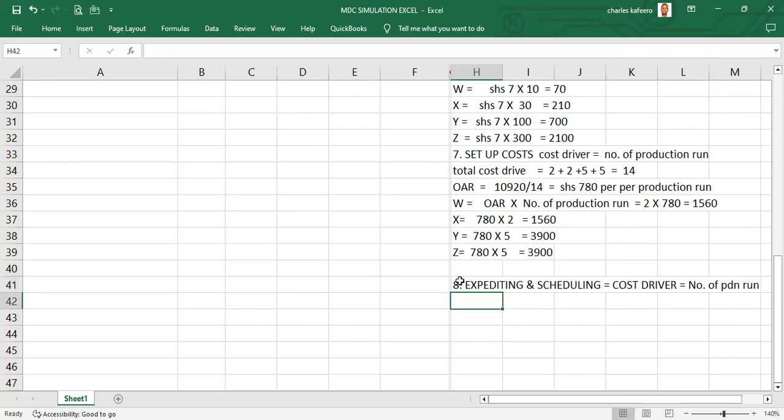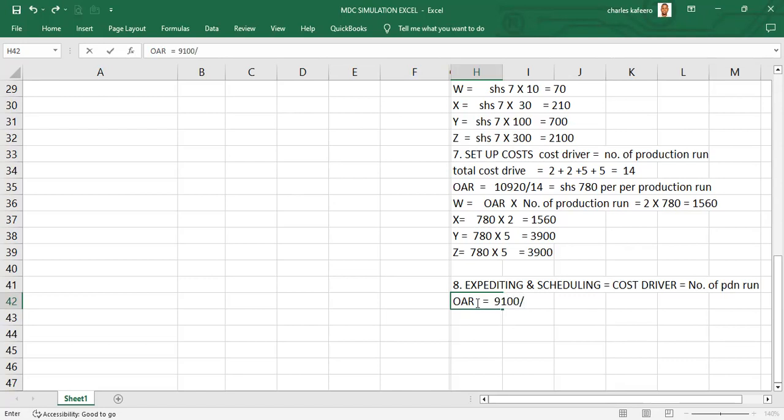Number of production run, we had already gotten. The second step would be to get the total cost driver. But since it is the same number of production runs, we had got it. We only go to compute the OAR as our third step. And the OAR will be that cost for the expediting and scheduling, which is 9100.